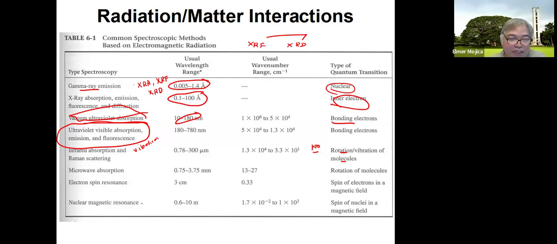And then you have the microwave absorption, electron spin resonance. One lab here in Brooklyn College specializes in electron spin resonance. And then the NMR. The City College here has one building that houses different NMRs.